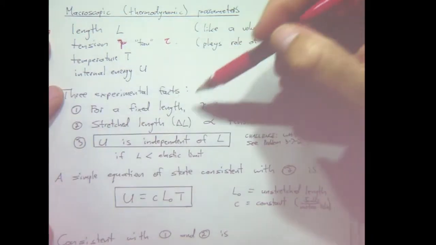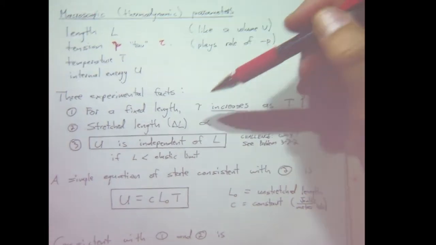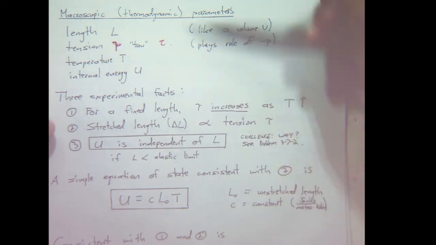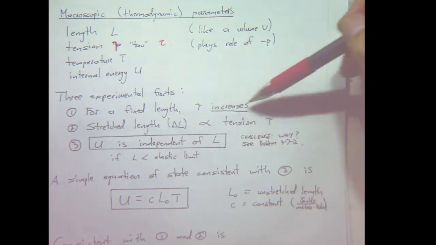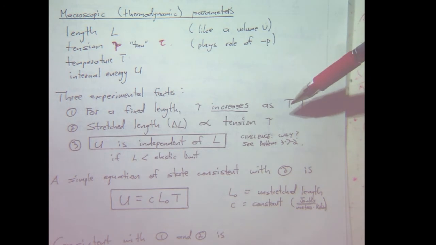And there are 3 experimental facts, and these will surprise you. Number 1: for a fixed length, the tension increases as the temperature increases. So if you fix the length and you heat up a little bit, in fact the tension increases. I think that makes some sense.